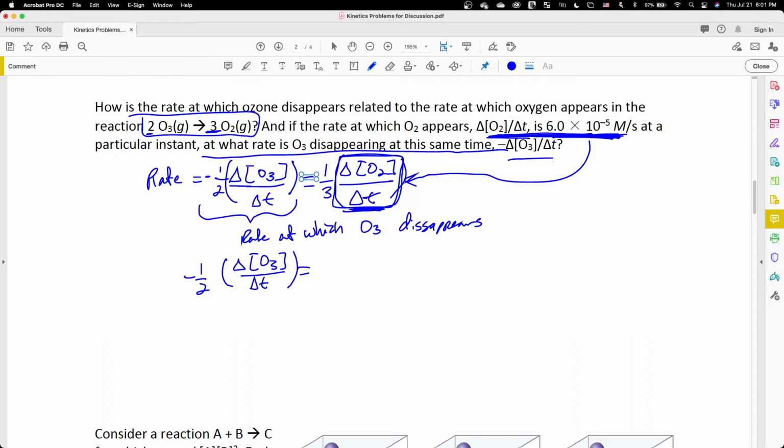And so now our equation is negative 1/2 times the change in O3 divided by the change in time equals 1/3 times 6.0 times 10 to the negative 5 molar per second. So now all you have to do is solve for the rate of disappearance of O3. Easy as pie. All you have to do is divide both sides by 1/2.